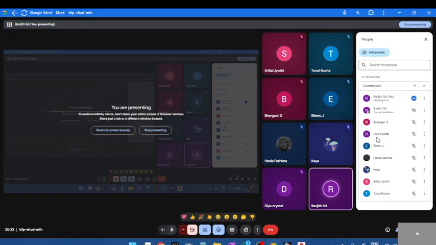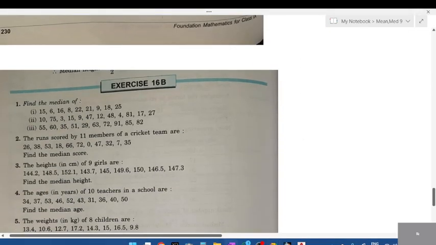I'm asking you all, why is nobody responding? What about the median chapter? The next one is median.